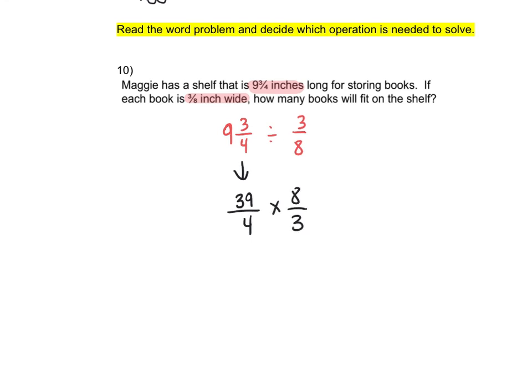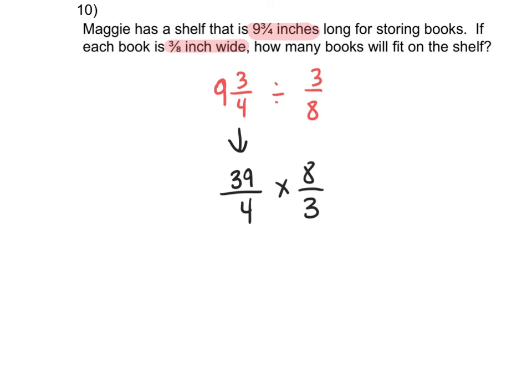Remember, you're able to simplify on your diagonals if you like to, so that might make this one easier. 4 divided by 4 is going to give me 1 here, and then 8 divided by 4 gives me 2. So I'm going to rewrite it simplified first. You didn't have to do this step.